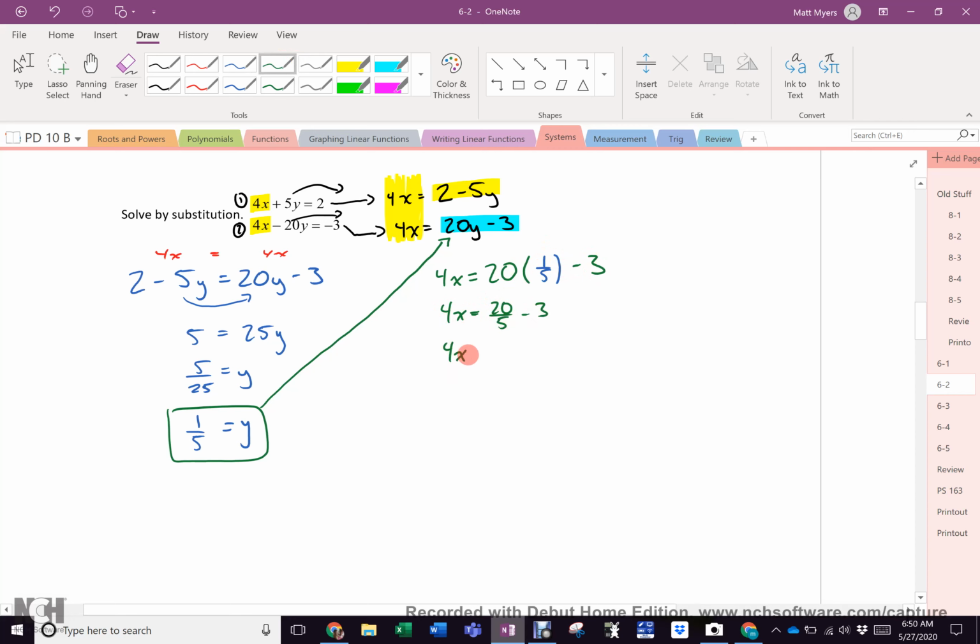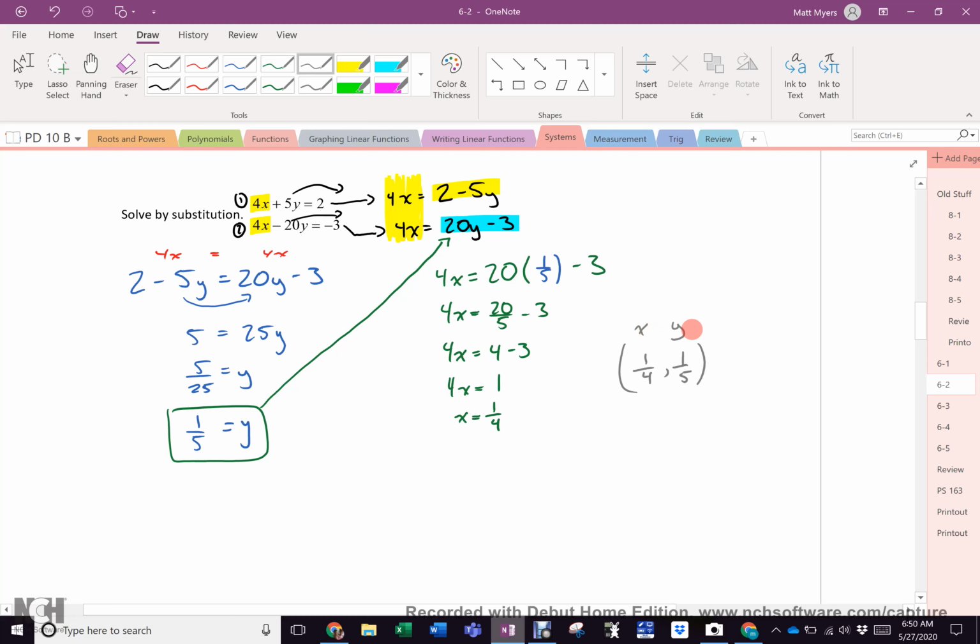So 4x equals 4 minus 3. So 4x equals 1. So x equals 1/4. So I have my answer now of 1/4, 1/5.